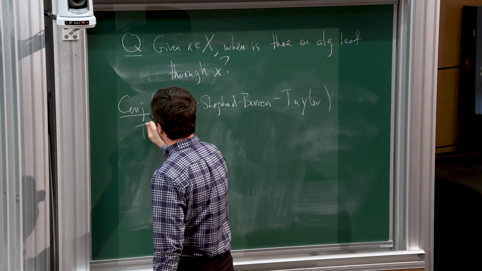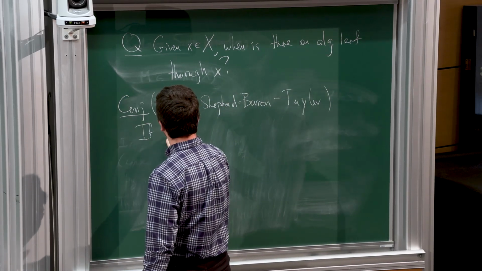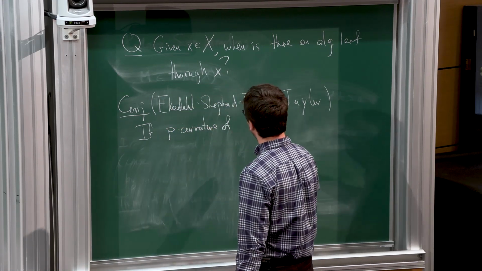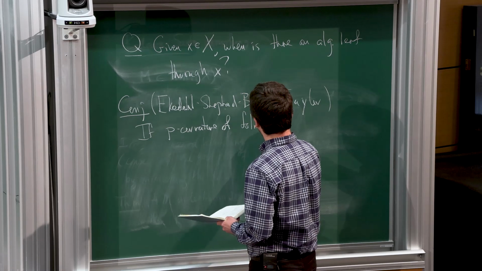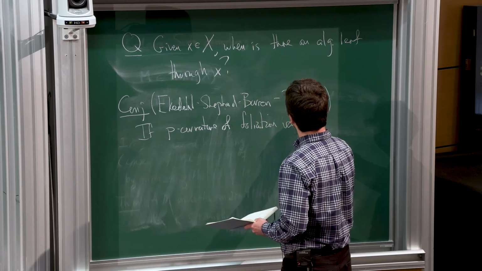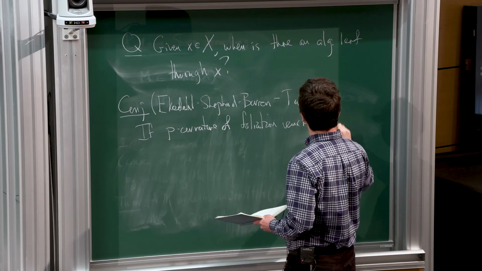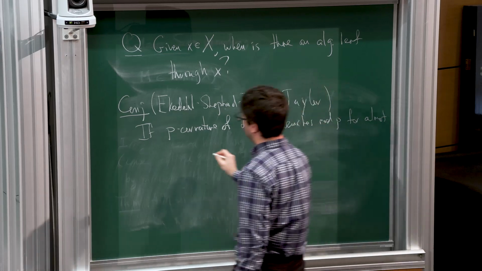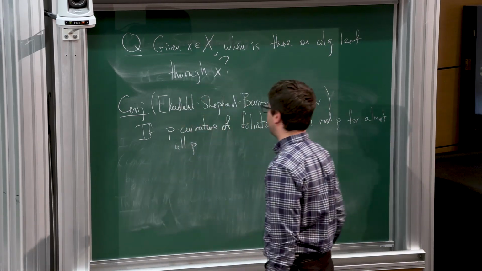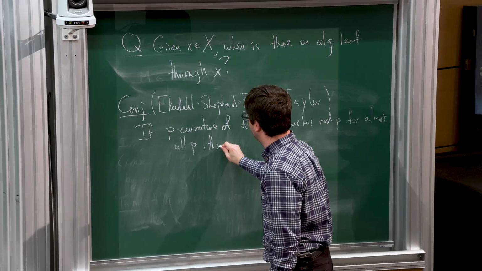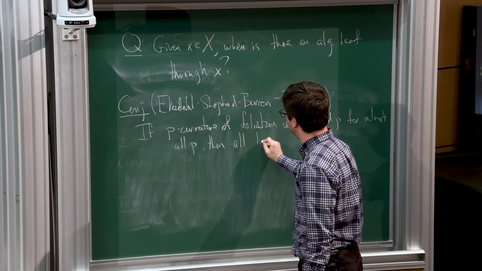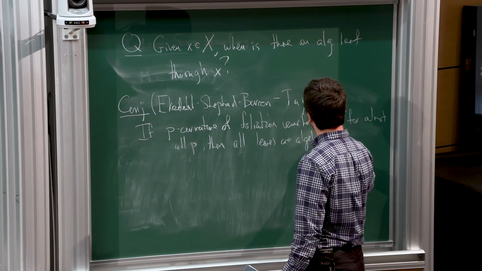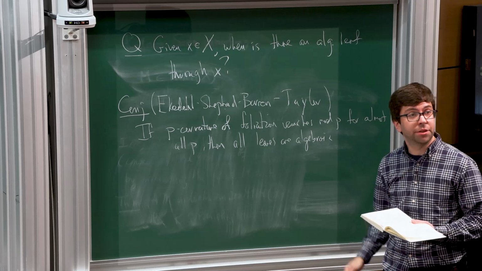So it says, if the p-curvature, and I'll say what I mean by p-curvature now, of this foliation vanishes mod p for almost all p, then all leaves are algebraic. So if you take any point, there's an algebraic leaf passing through it.